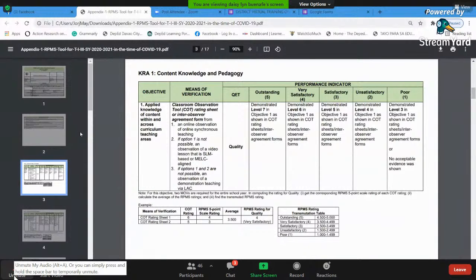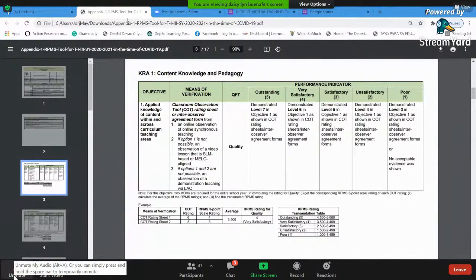Objective number 1, which is the applied knowledge of content within and across curriculum teaching areas, we can really see this during the teachers' teaching. So there is no problem for the teachers in their rating because it is automatically seen in their COT. Do you know what COT is?